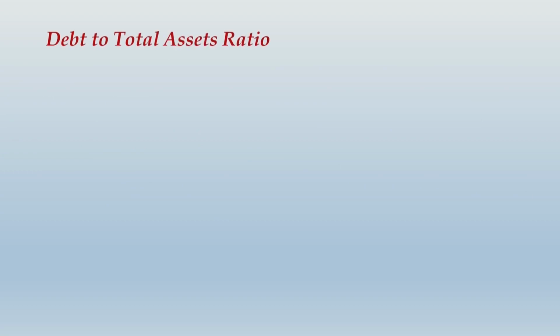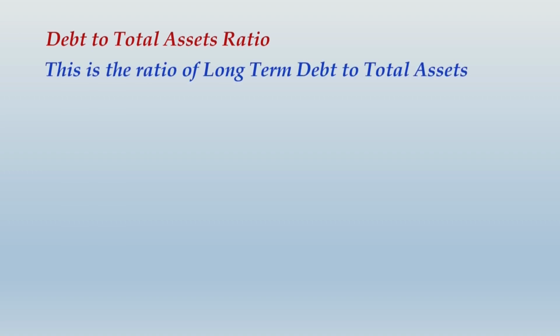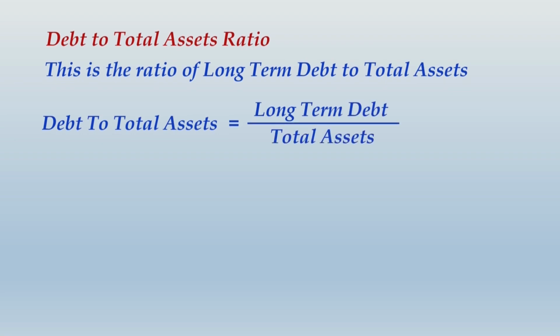Next one is debt to total assets ratio. In fact, upcoming few ratios are such ratios where you actually won't need any specific explanation from my end. Just keep writing these important notes. So this is the ratio of long-term debt to total assets. Debt to total assets will be long-term debt divided by total assets.